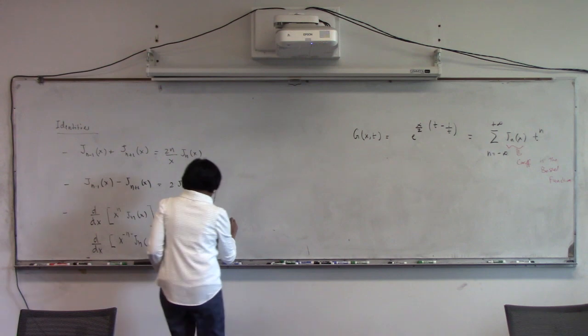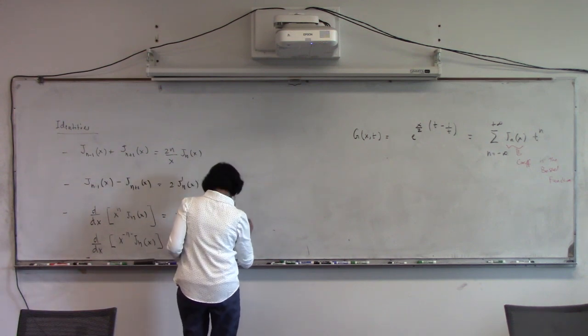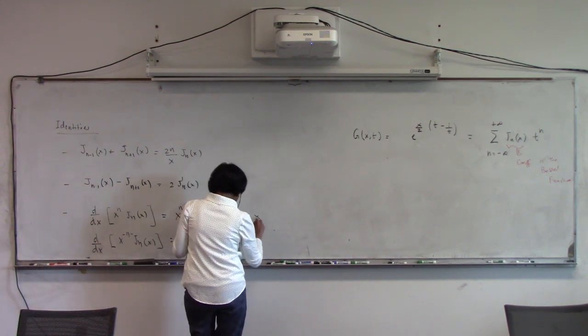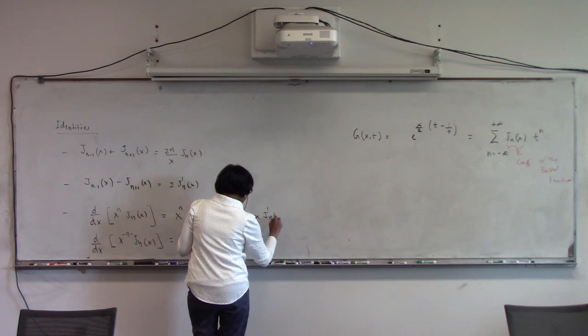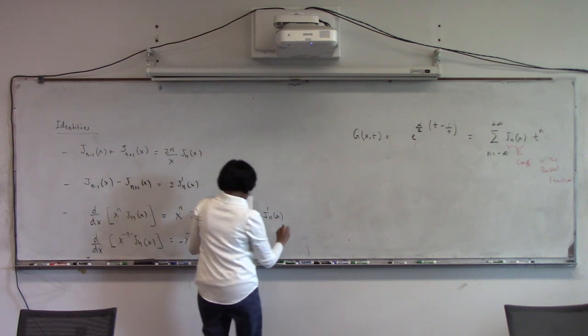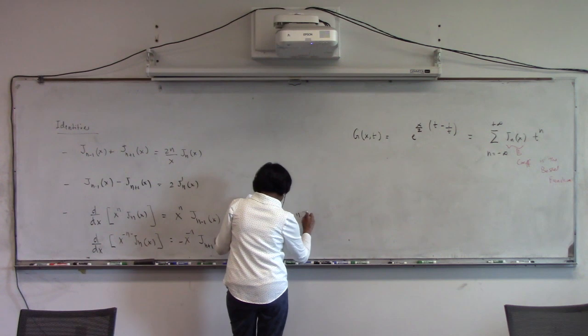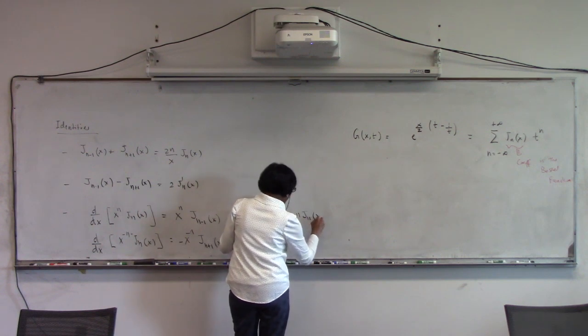Okay, this identity will also lead to another expression, which may be needed if you want to really prove that J_n satisfies the Bessel differential equation.